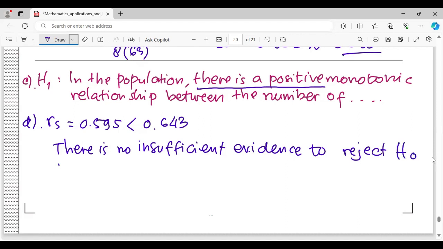So it means we accept the null hypothesis and reject the alternative hypothesis.